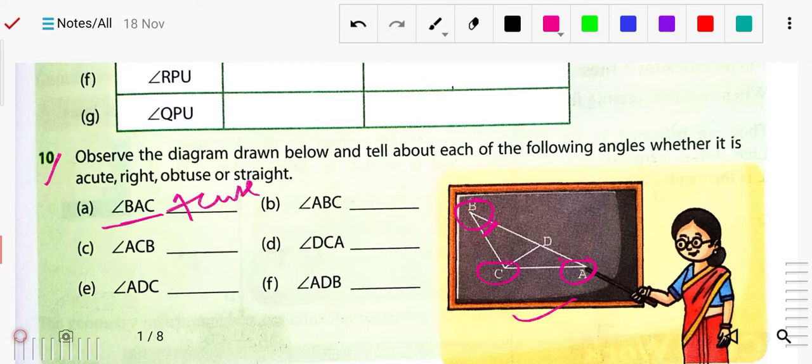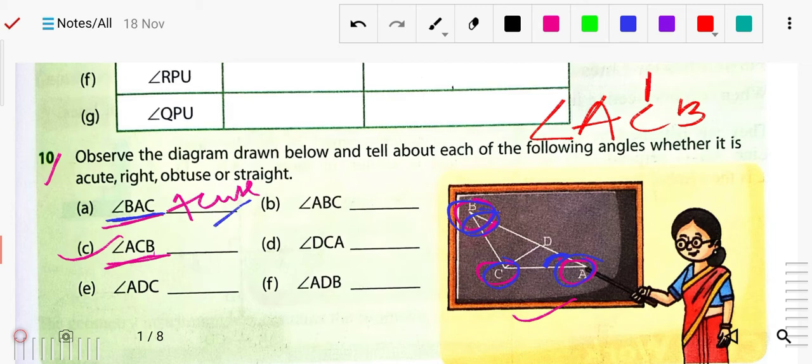Okay, so similarly for this ACB, where is the A? Here is the A. BAC was the angle we found earlier, and that angle was acute. I always told you that suppose it is written angle ACB, it means we are talking about this point.